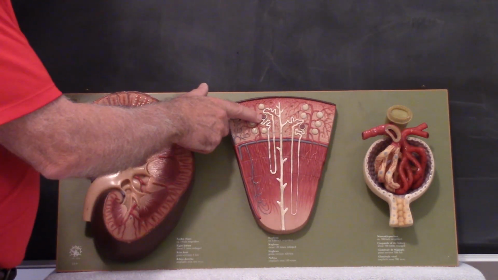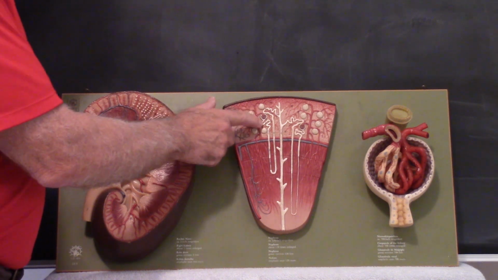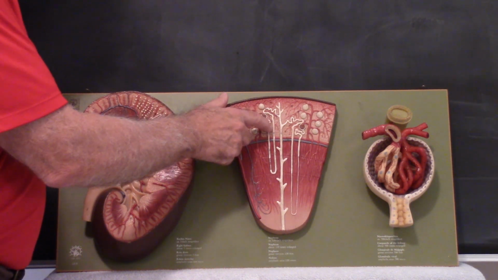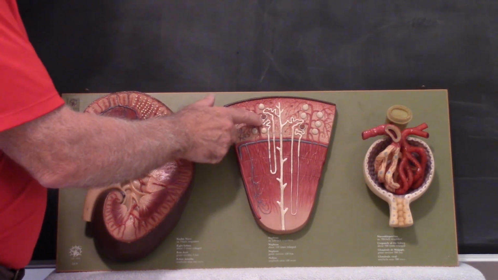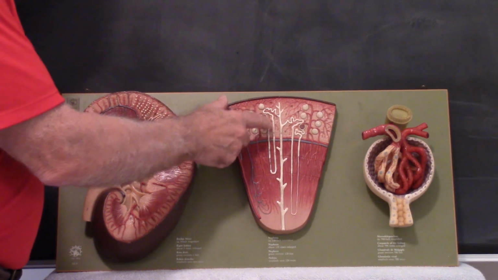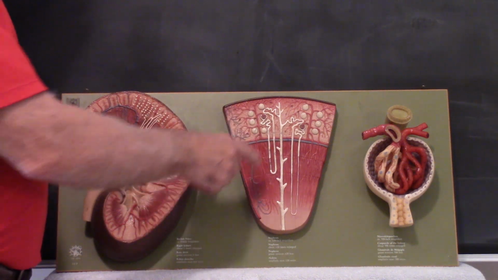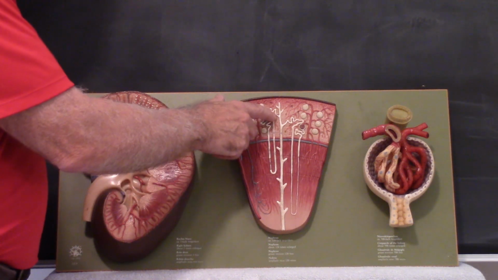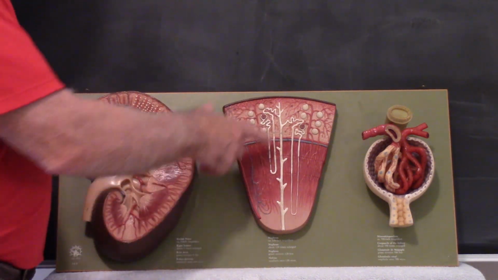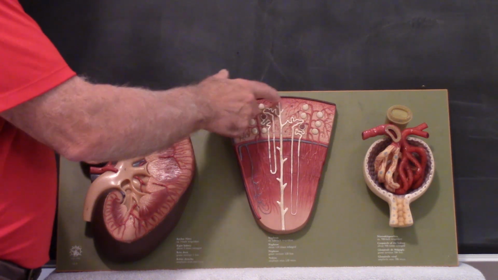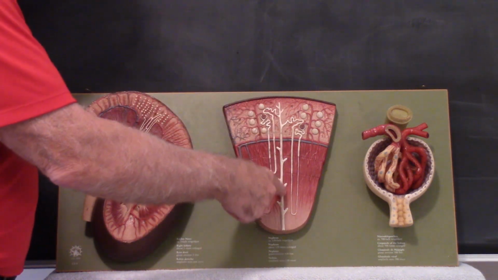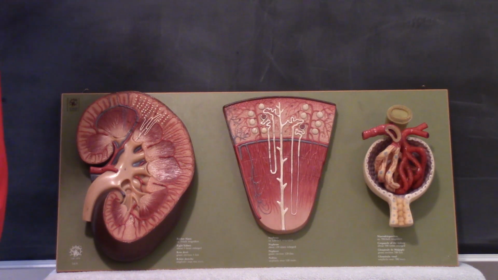So the renal corpuscle gives rise to the proximal convoluted tubule, and that forms a nephron loop that leads to a distal convoluted tubule, and the distal convoluted tubule drains into what's known as a collecting duct.